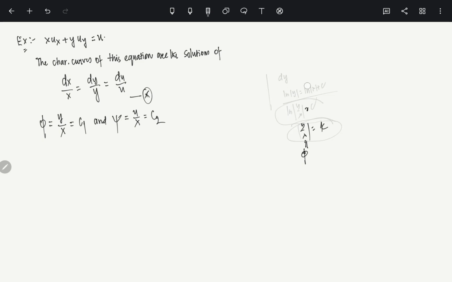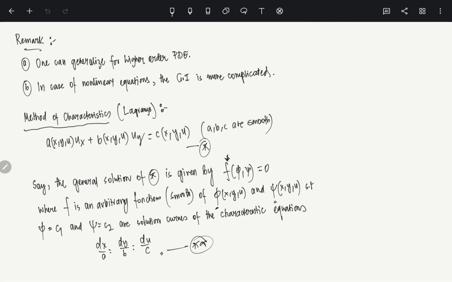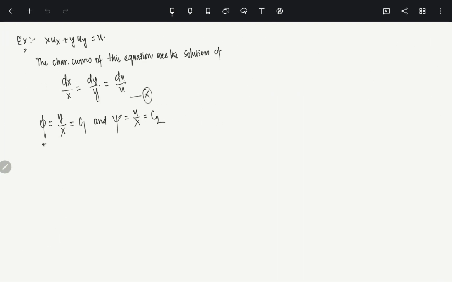So if I am assuming my capital phi to be y by x, then on the characteristic curve it is constant. We want our phi and psi to be constants along the solution, along the characteristic curves. This is exactly what is happening here. This is just a trick way of writing it.